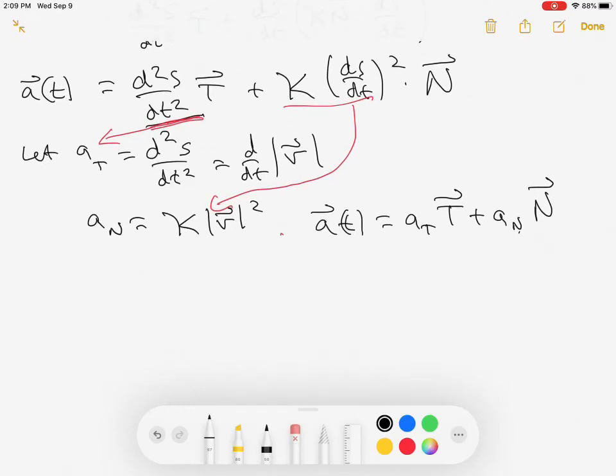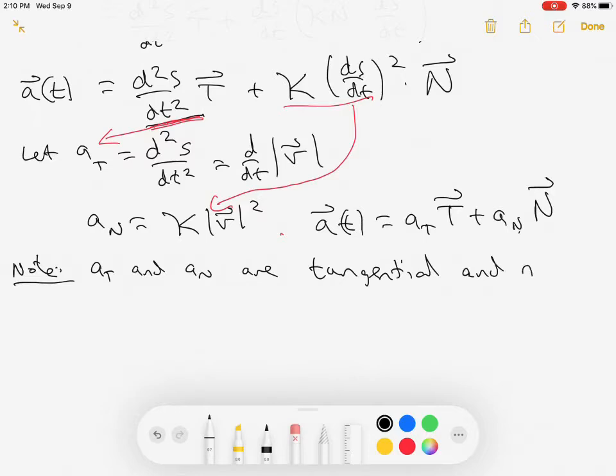And these are called, some note, a sub T and a sub N are the tangential and normal scalars of acceleration.